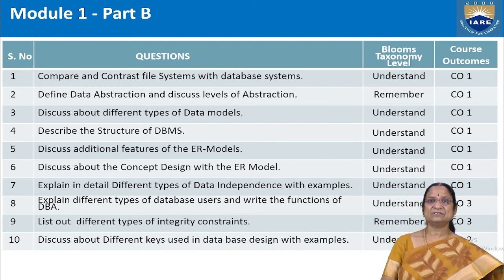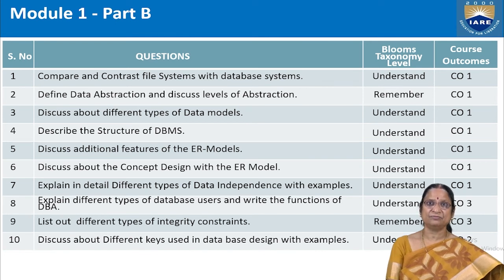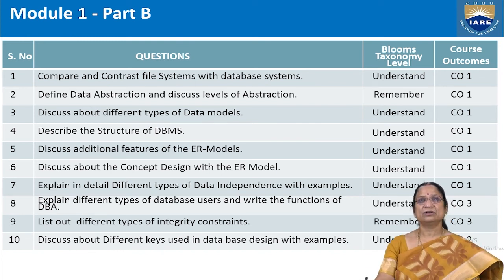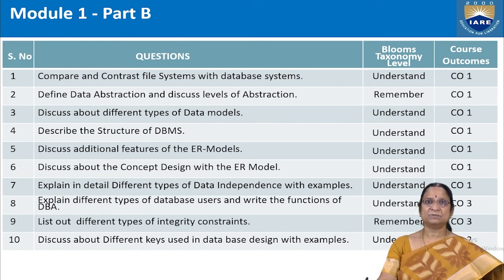Different types of database users were also explained, even in terms and definitions, terminology, as well as in the lecture. List out different types of integrity constraints. We have done special lectures on integrity constraints, that is physical database integrity constraints related to the database design, in 2 lectures.